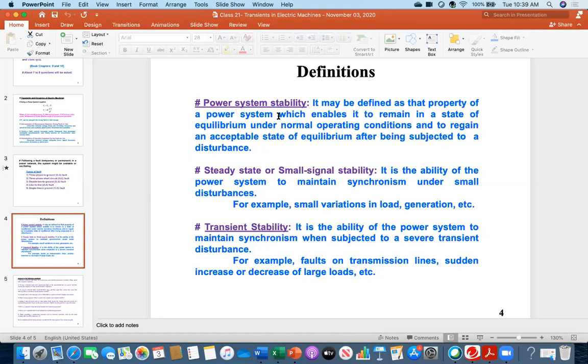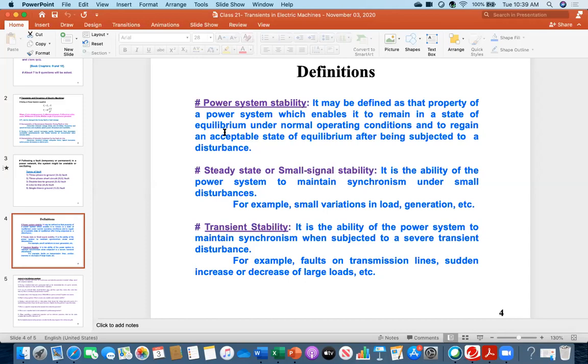This means that the system will remain in a state of equilibrium under normal operating condition. This means when there is no fault, no disturbance, nothing happened, the system should remain in a state of equilibrium. Equilibrium means under balanced situation, like that equation I was telling you, phi A equal to phi M minus phi.